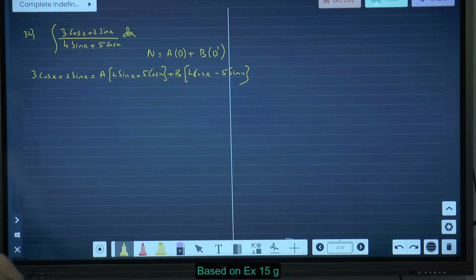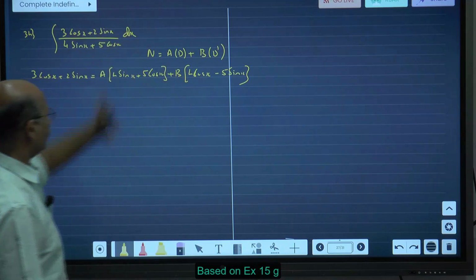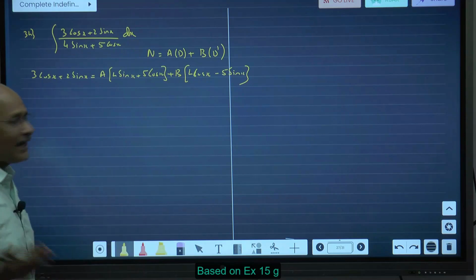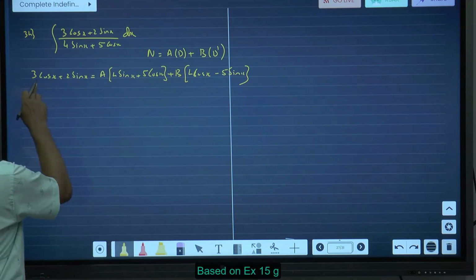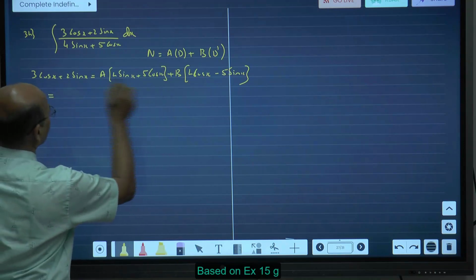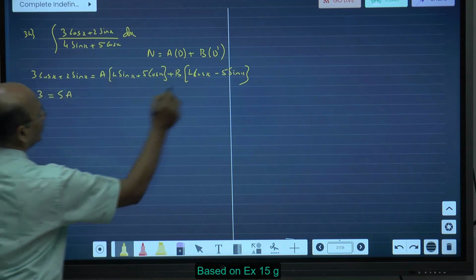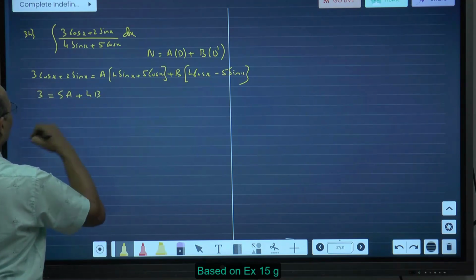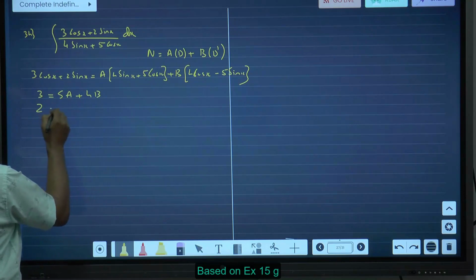Now find a and b, because you have to solve this and get the numerator. A very simple procedure. Now, of course, compare the coefficients. Cos x coefficient is 3, on the right it is 5a plus 4b. Sin x coefficient is 2.